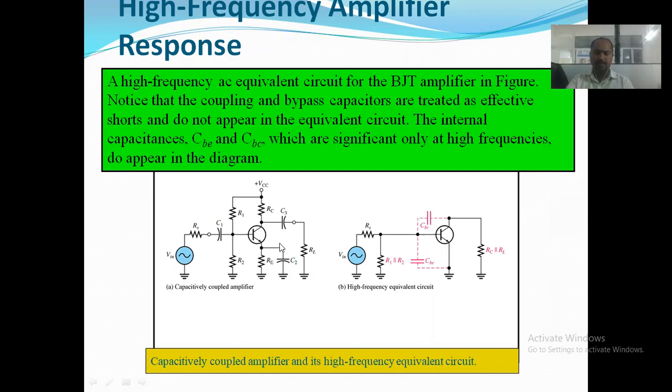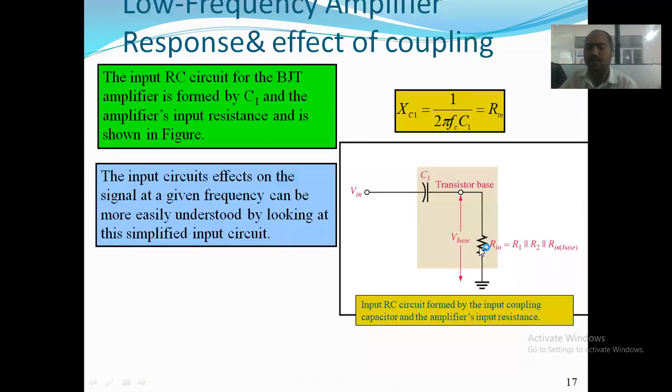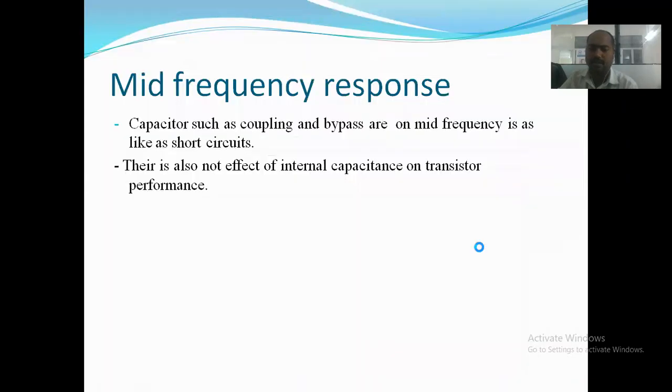These three capacitors take part during the low frequency and high frequency, but during the mid frequency, C1, C2, and C3 are not taking part, as well as the internal capacitors CBE, CBC, and CCE, which are not part of the circuit.